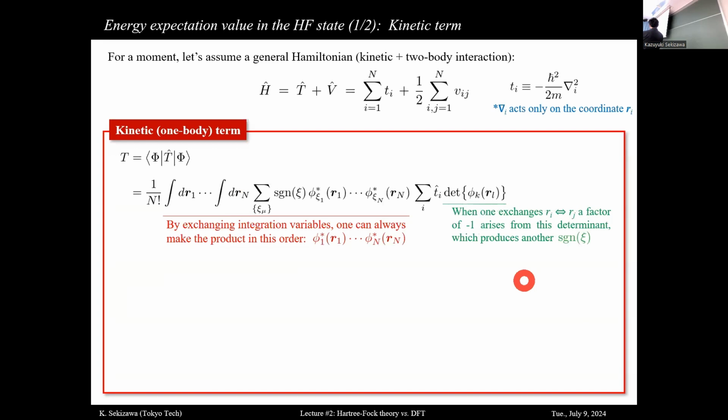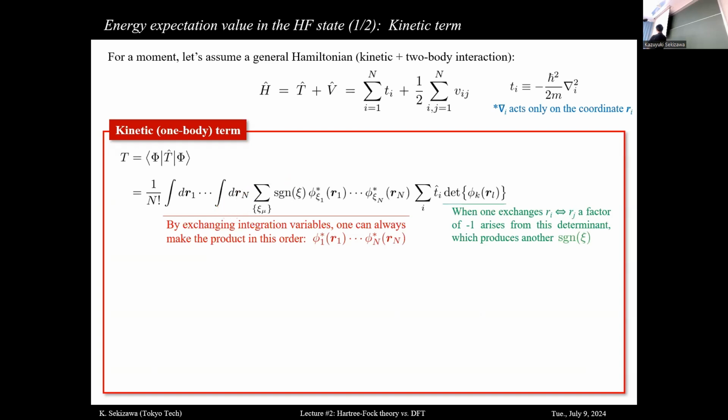For instance, there is a term in which r1 and r2 are flipped, with a minus sign here because of the flip. But you can change the integration variables r1 and r2.